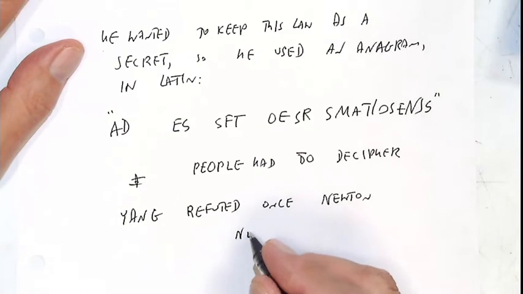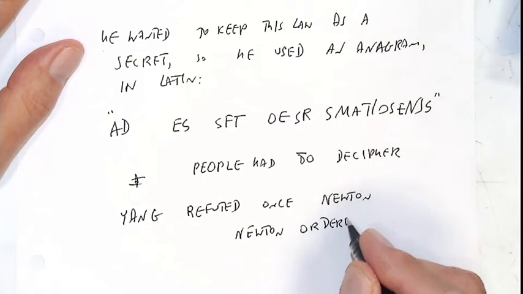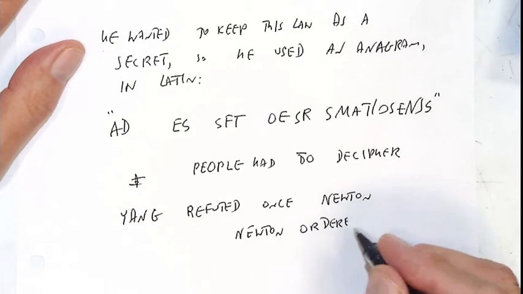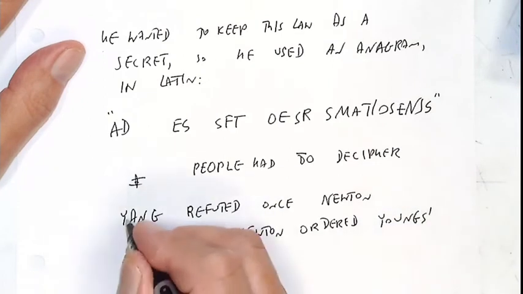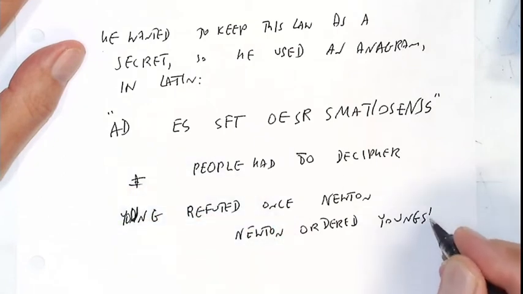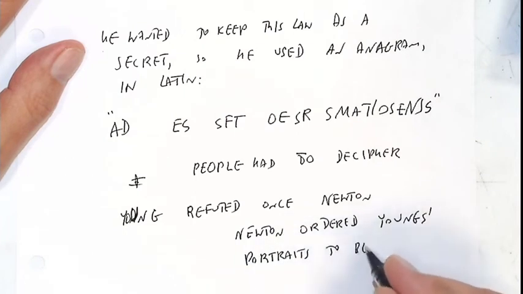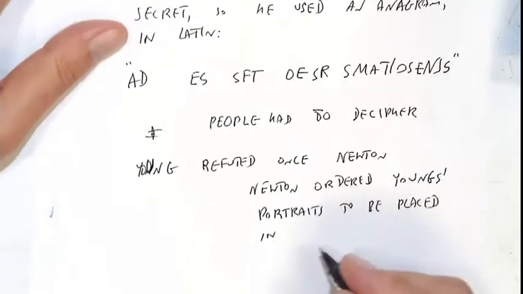So Newton ordered, they were not on the ship, so Newton did not order Thomas Young to be thrown overboard, but Newton ordered Young's portraits in the Royal Society to be placed in fire.